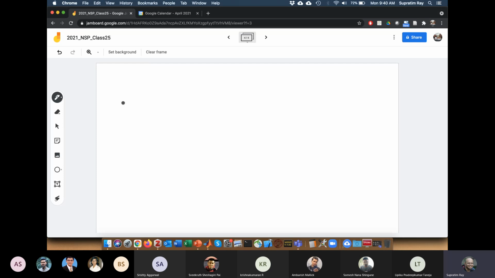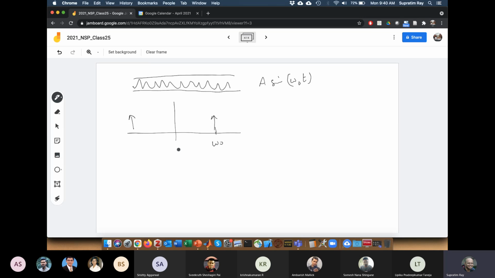I've got a sinusoid. Its Fourier transform has two components. So if this is amplitude A, sinusoid A sine omega naught t, its Fourier transform has two components, one sitting at omega naught and one sitting at minus omega naught, right? And the amplitude of each is A by 2.